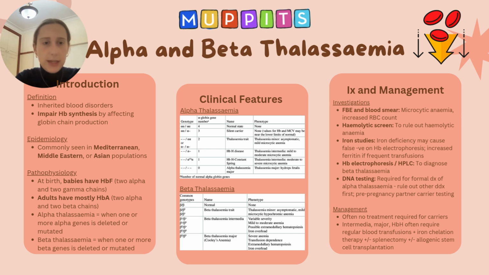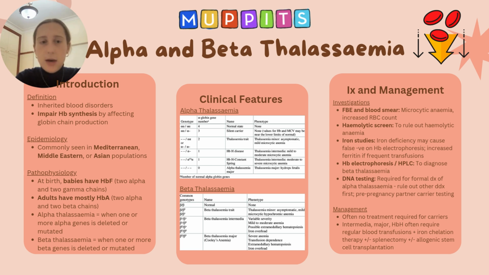And interestingly, iron deficiency may cause a false negative on HB electrophoresis, and increased ferritin may actually be the picture because of the frequent transfusions, as we spoke about before, hence the need for iron chelation therapy.